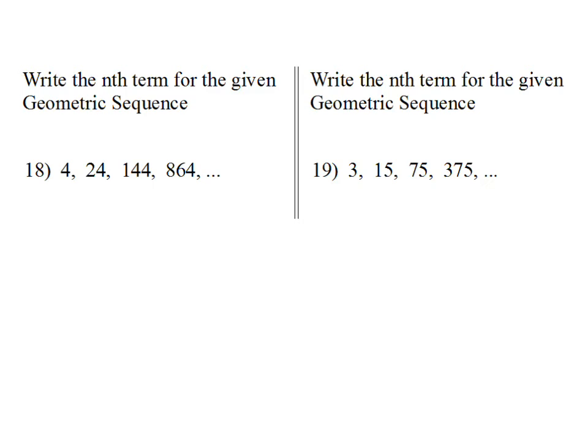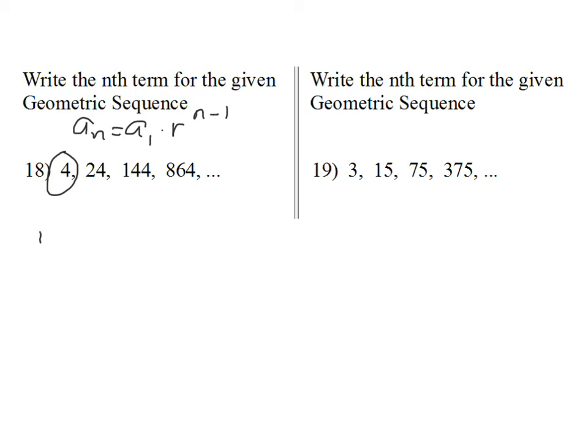Number 18. Alright, the nth term of a given arithmetic sequence. So again, remember that you have your first term, so a sub n is equal to a sub 1 times r to the n minus 1, and r is your rate of change.